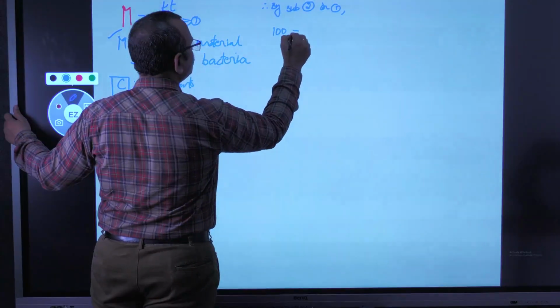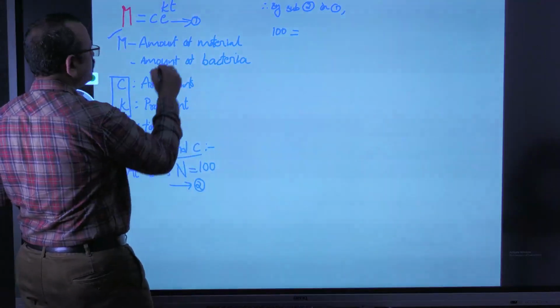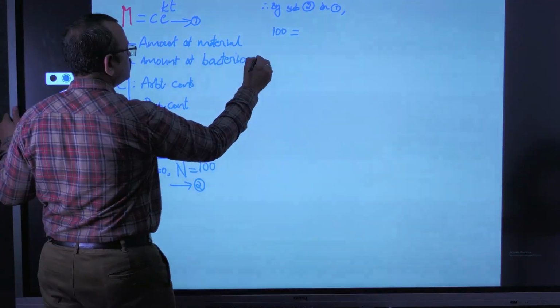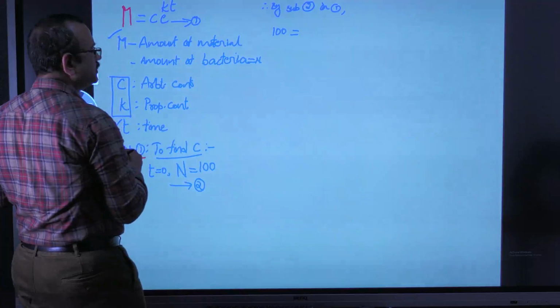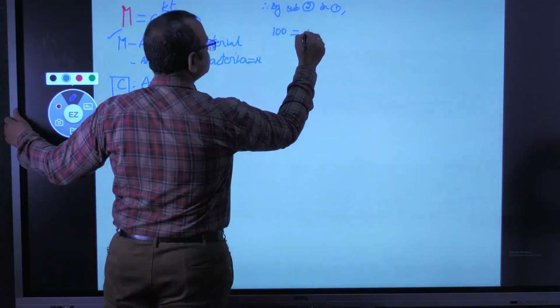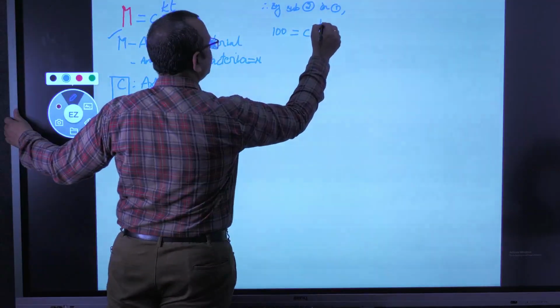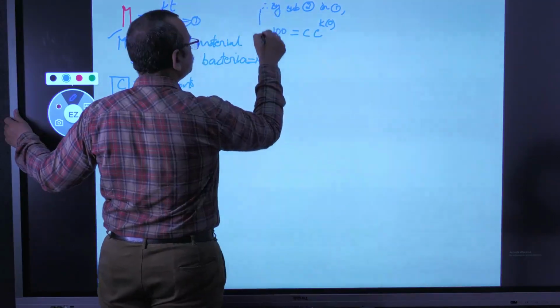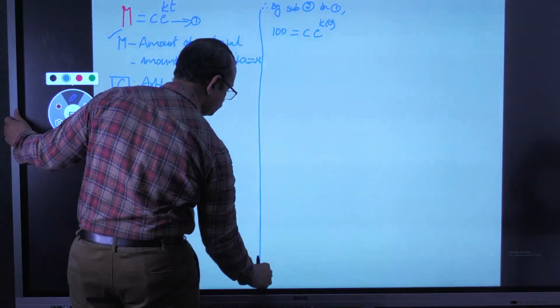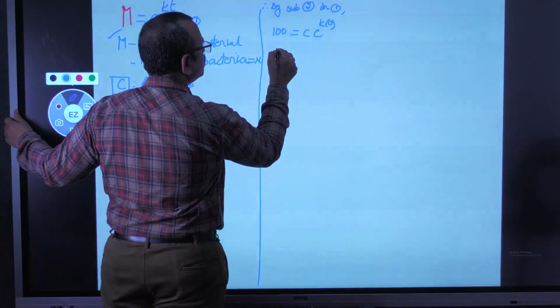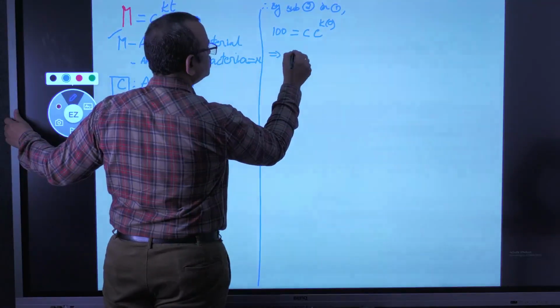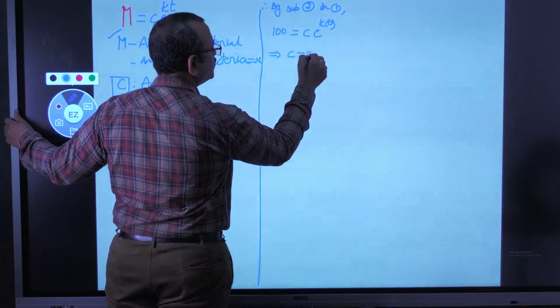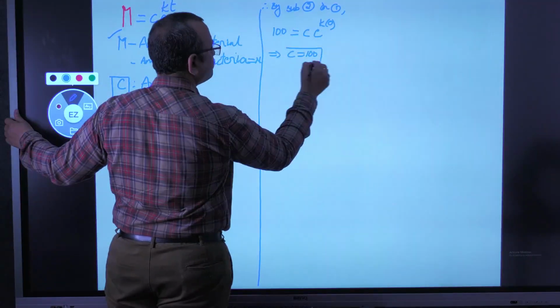It is nothing but the amount of bacteria. If you have any doubt, you can write that as n here, amount of bacteria is n. N is equal to C into e power k into t, as initial time is 0. By simplification, we will get C value as 100.